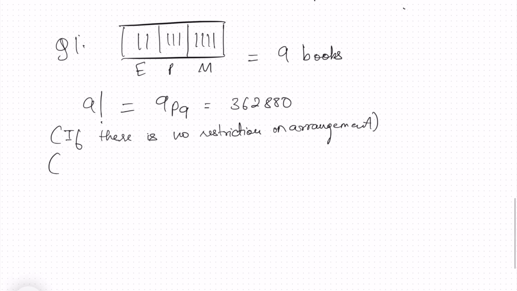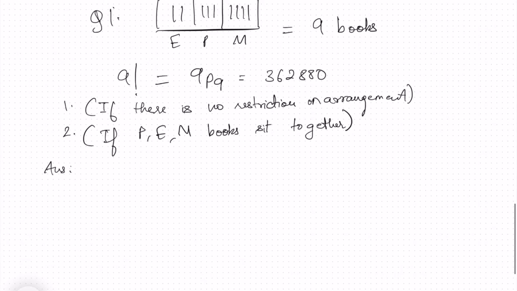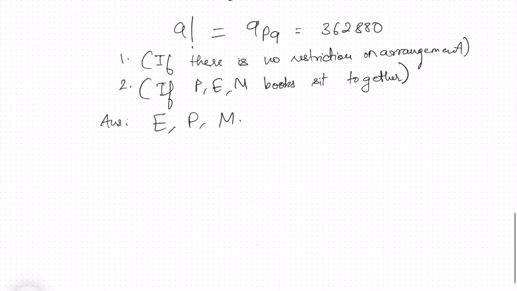So in the second case, if the P, E, M books sit together, what you can do is consider each subject to be a group of objects. So E is one object, P is one object, M is one object, and now the arrangement and selection of these three objects matters. So the answer will be equal to 3 factorial, right?